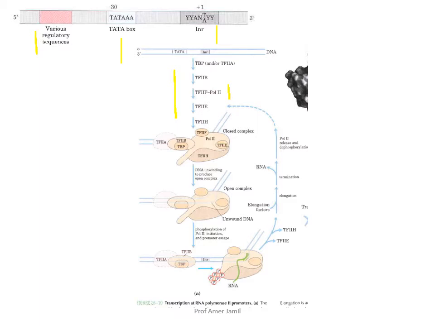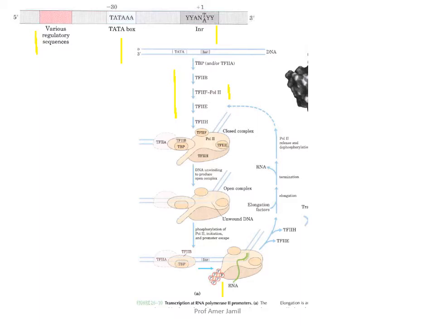And when this transcription has to be initiated, the C terminal domain CTD of the RNA polymerase 2 is phosphorylated with the help of transcription factor 2H. So transcription factor 2H has an important function in initiation of transcription of the RNA polymerase 2 in eukaryotic cells.